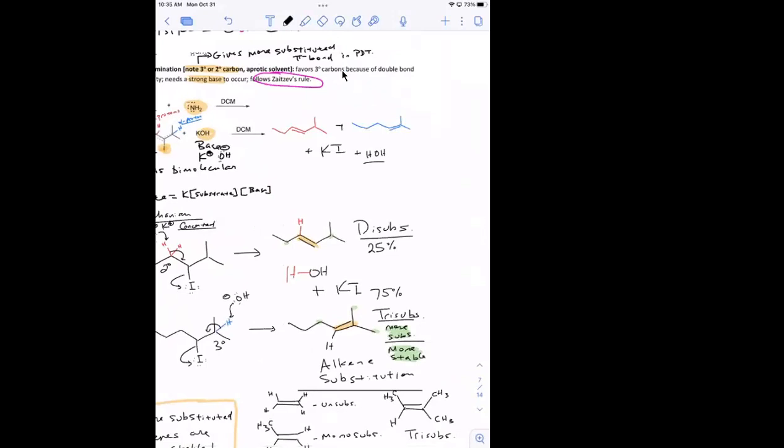All right, so Zaitsev's rule, write that down. You can say that the more substituted alkene is going to be favored. The more substituted alkene is favored in an elimination.